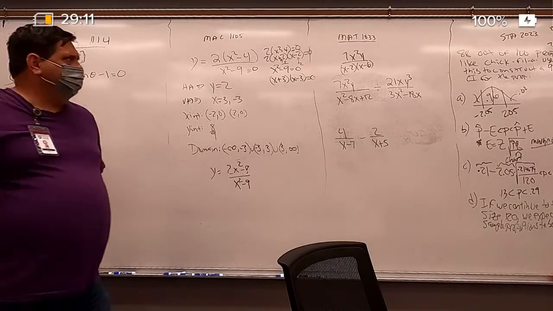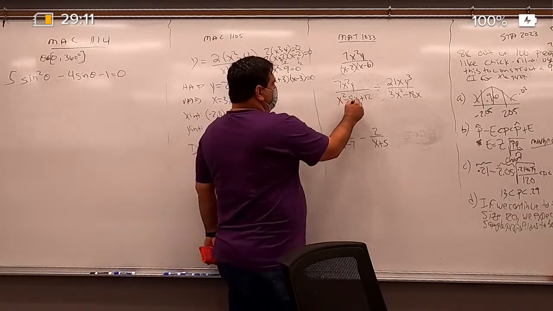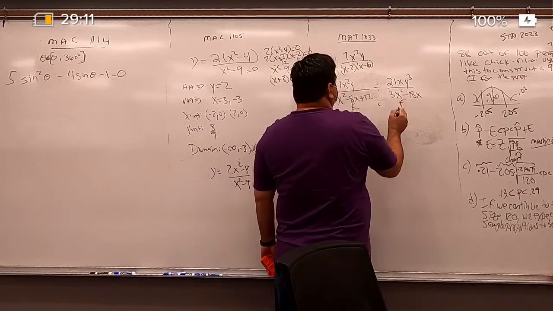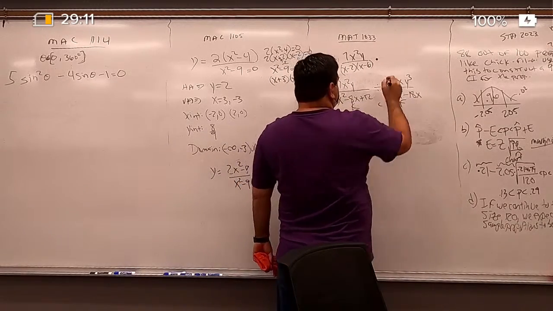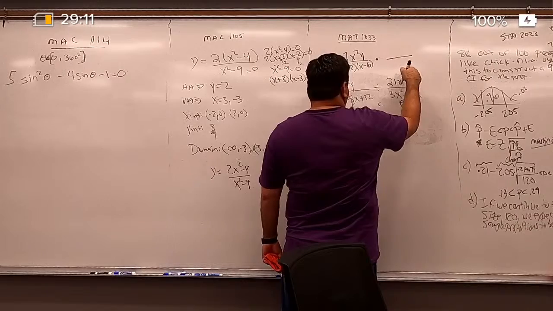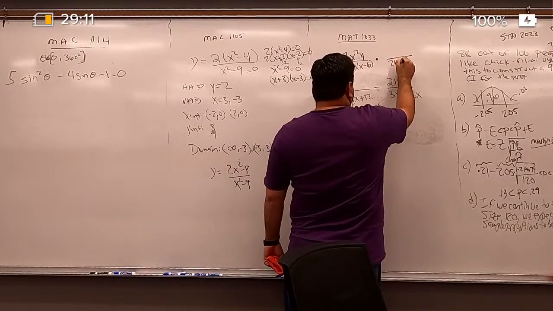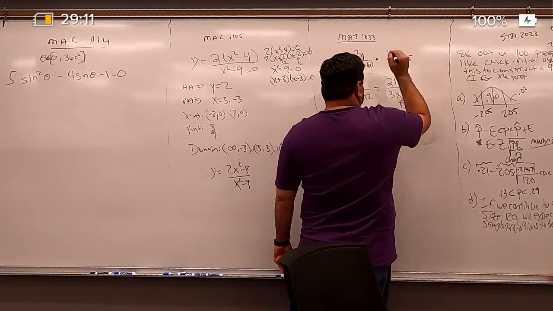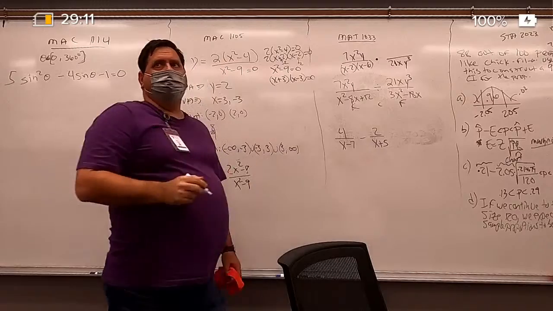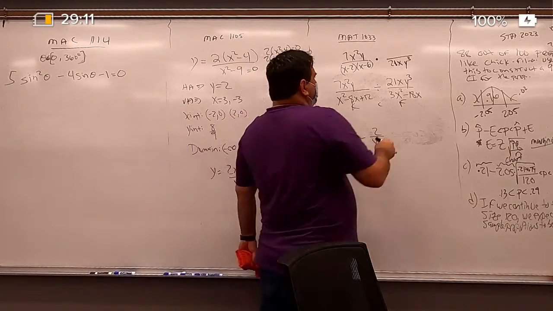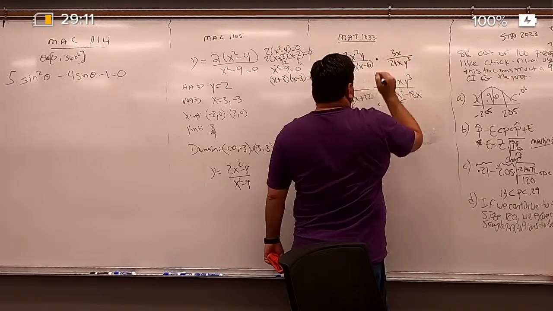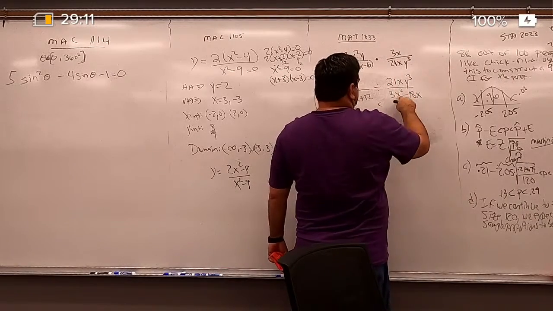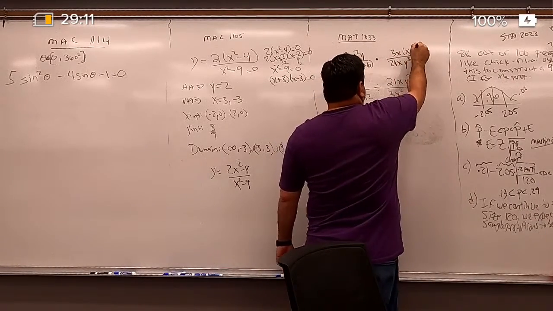So we keep, we change, we flip. So now this 21xy cubed goes on the bottom, right? Here, I factor out 3x, and I get x minus 6. Do we agree? Yep.